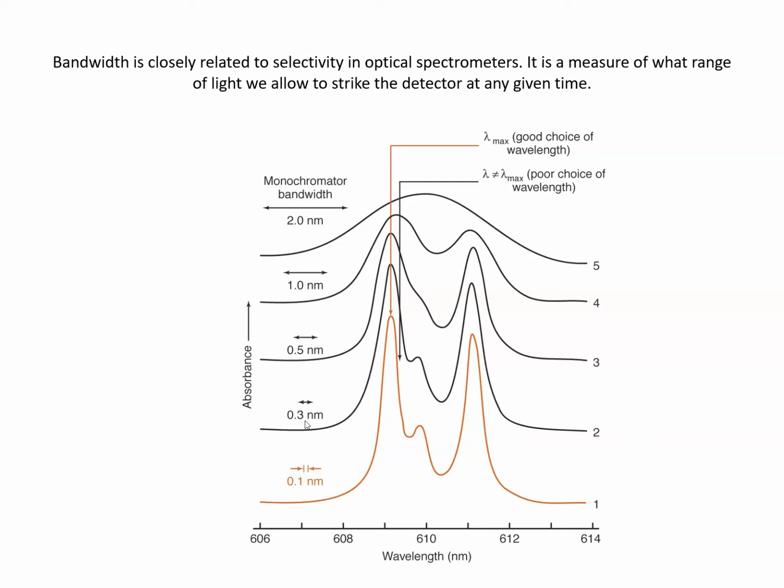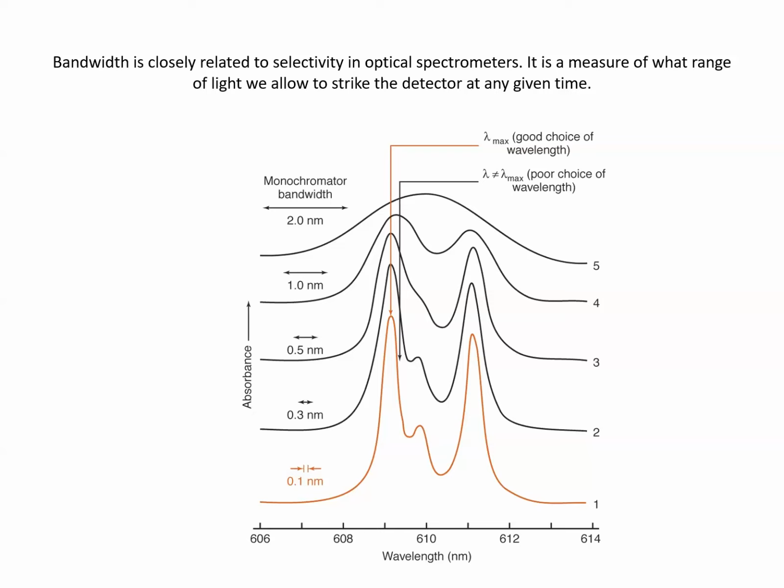So increasing the monochromator bandwidth broadens the bands, and it decreases the apparent absorbance. In this case, this was done to analyze Pr3+ on the periodic table. This was one of the elements that has been used, and this was what was observed, the absorbance of Pr with a 3+ charge in a crystal of yttrium aluminum garnet.